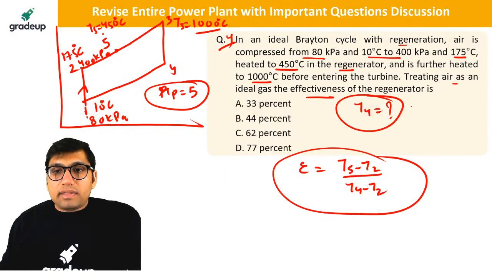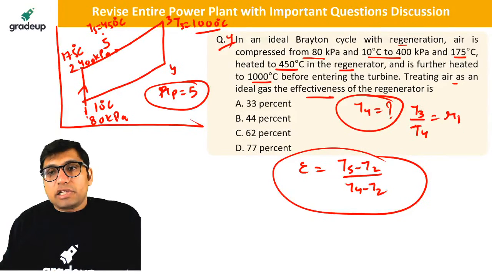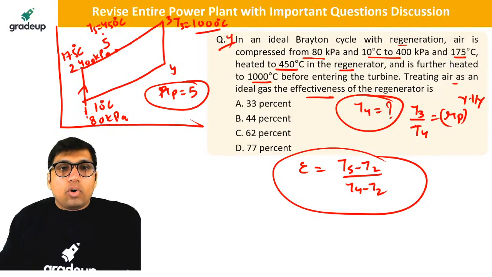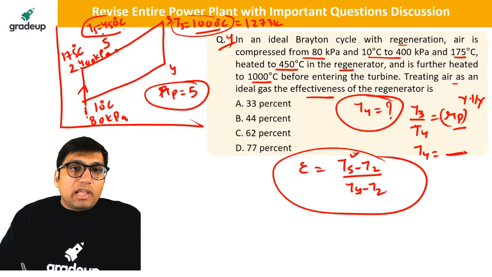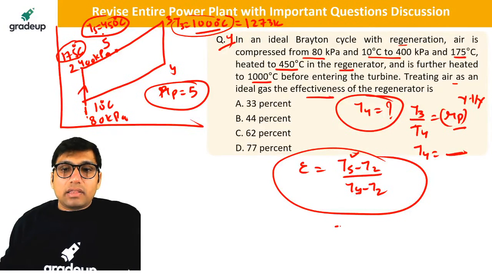So you can simply say that T3 by T4 will be equal to pressure ratio to the power gamma minus 1 by gamma. T3 is known to you, 1000 degrees Celsius or 1273 Kelvin. So you will be getting T4 from this relation. Just put the value of T4 in this relation. T5 is already known to you. T5 is given 450. T2 is given 175. Everything is given. You can find effectiveness.